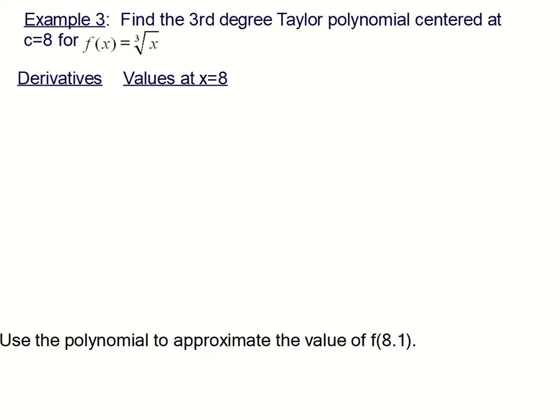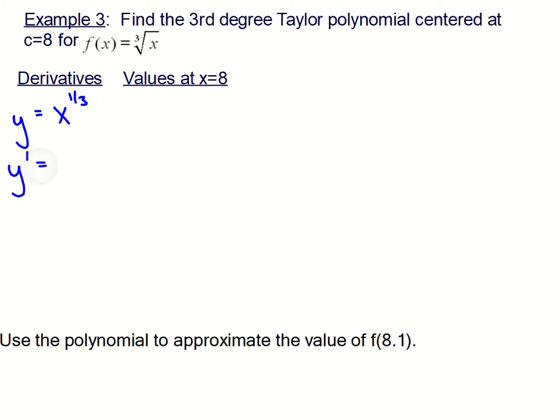Let's look at one that's not centered at 0. So this is asking for the 3rd degree Taylor polynomial. We want to center that at c equals 8 for the function y equals cube root of x. So I'm going to start by finding derivatives up until the 3rd derivative, and then I'm going to evaluate those at x equals 8. So the function itself is x to the 1/3 power.